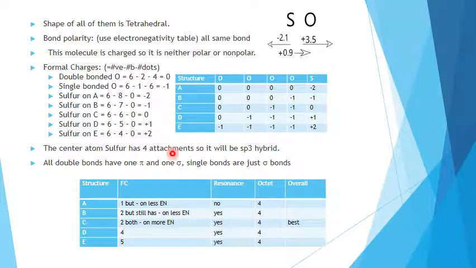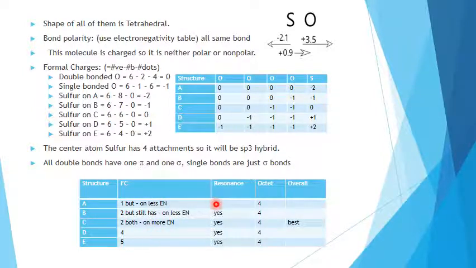So now in terms of resonance, number one, one of the things that knocks it out is it doesn't have resonance. Now you always want to have a structure with resonance. Number 5 also doesn't have resonance. I say it does here, but it doesn't. So B, C, and D are the ones with resonance.